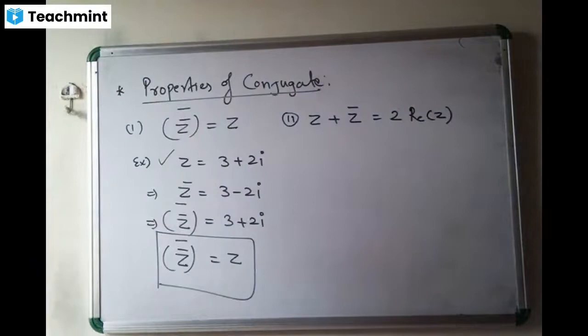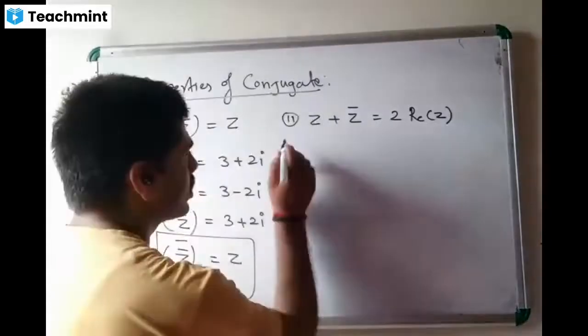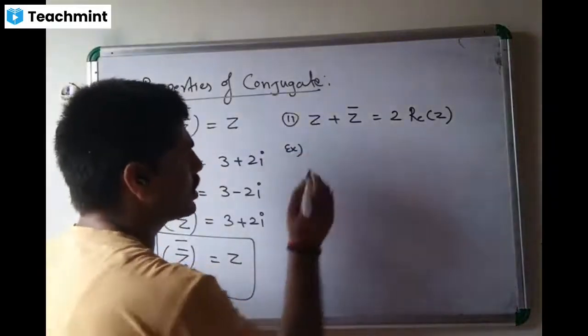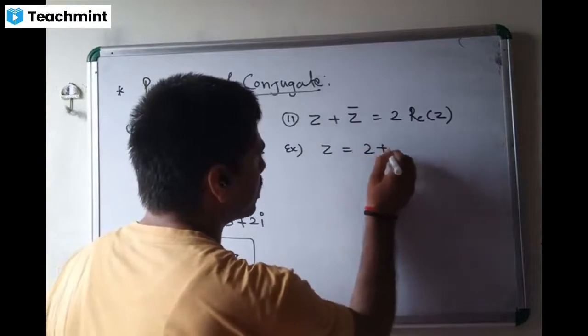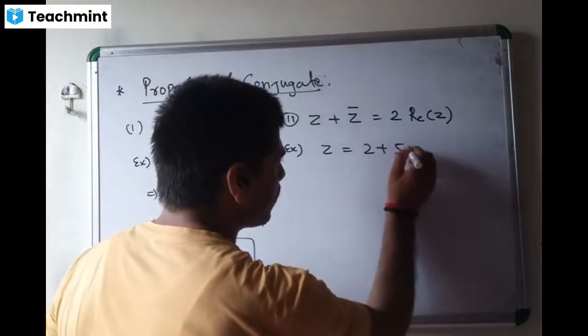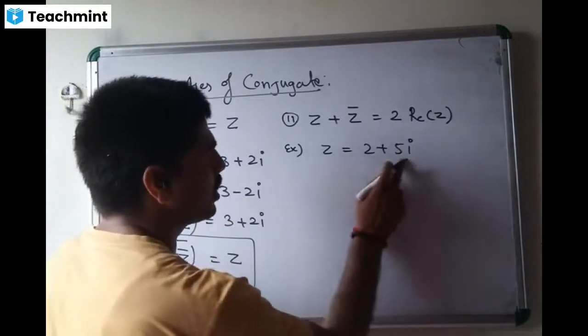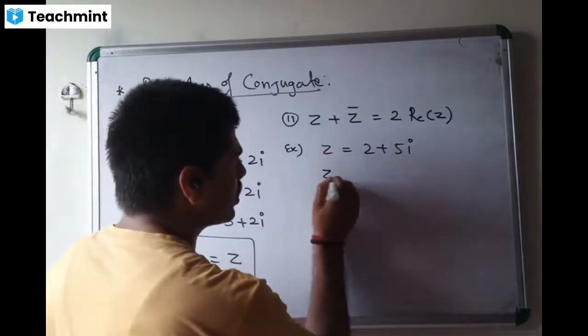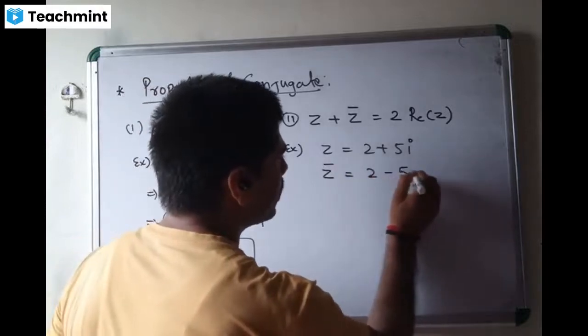To verify it, take z equal to 2 plus 5i. To find its conjugate z bar, you will get 2 minus 5i.